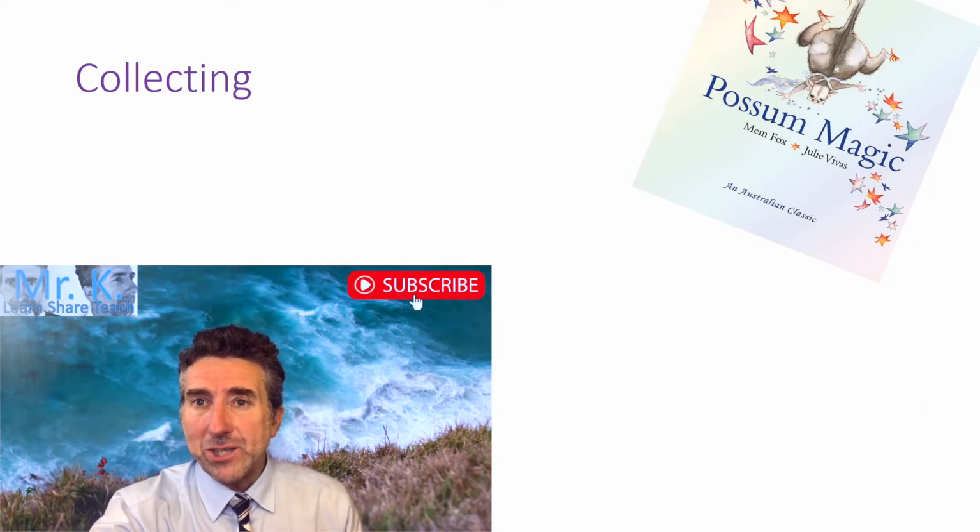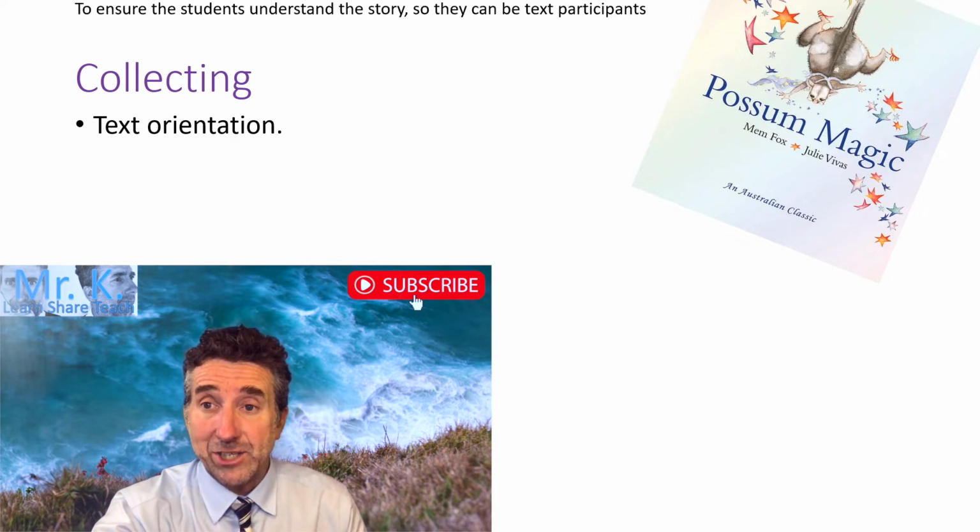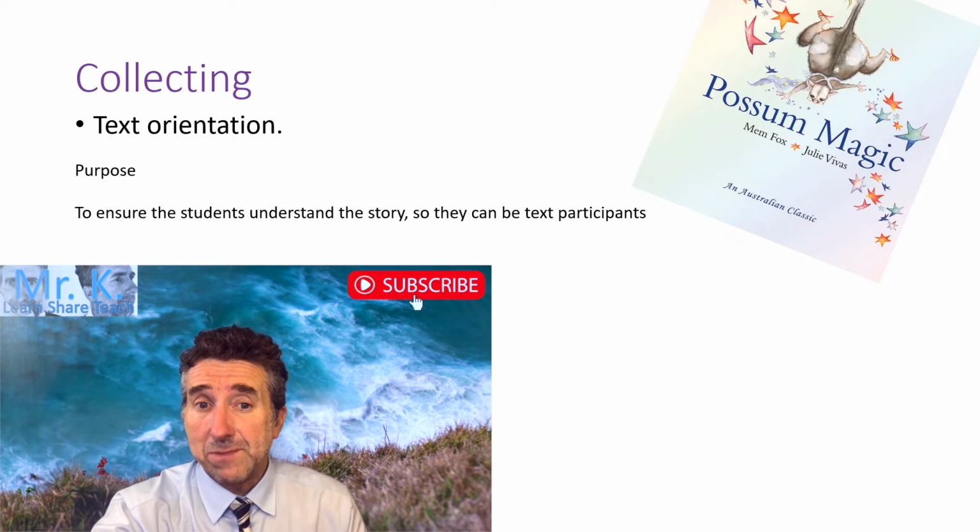After you've done preparation, then you get into the next stage, which is called collecting. Now, a lot of this is substantially about the text orientation. The text orientation is basically to ensure that students understand the story so that they can be text participants.